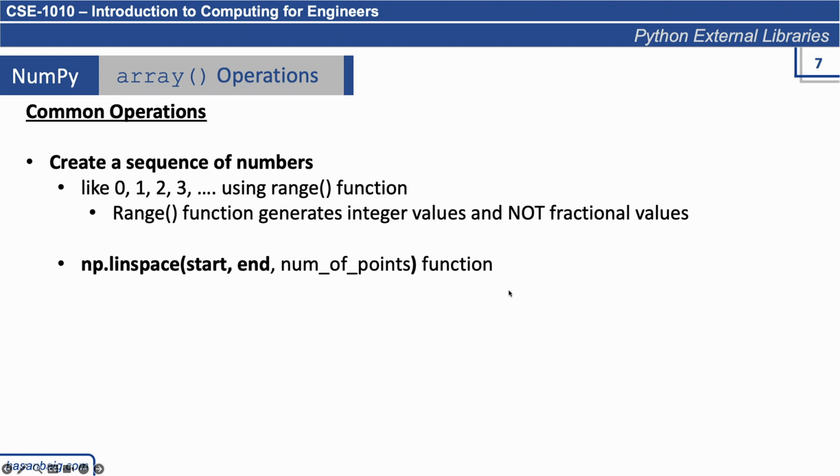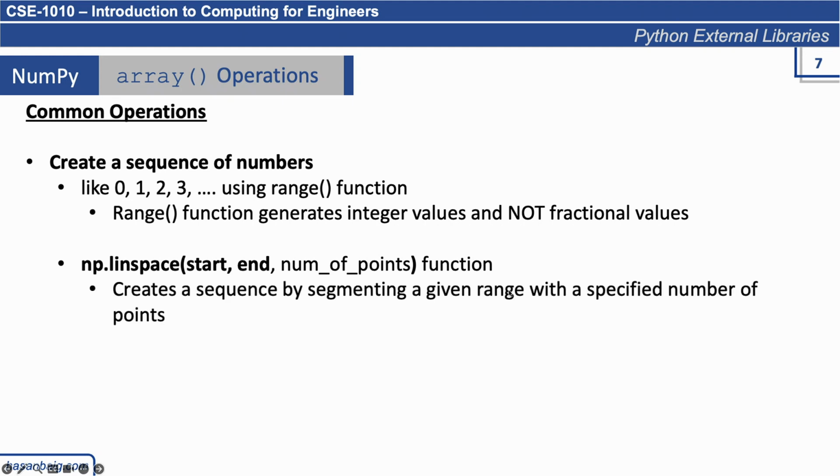When you use this, it creates a sequence by segmenting a given range into a specified number of points. For example, linspace with 0, 1, and 11 will generate a sequence of numbers between 0 and 1. Here 1 is inclusive. In the range function, the end parameter is exclusive.